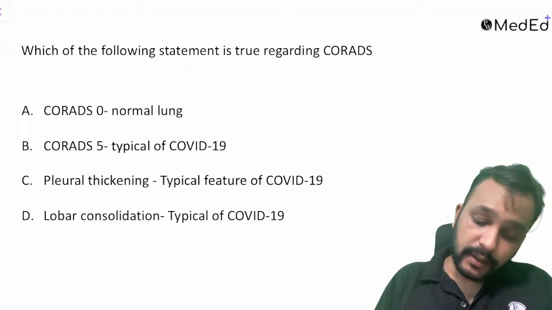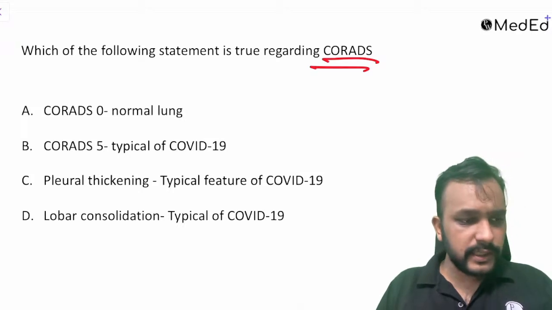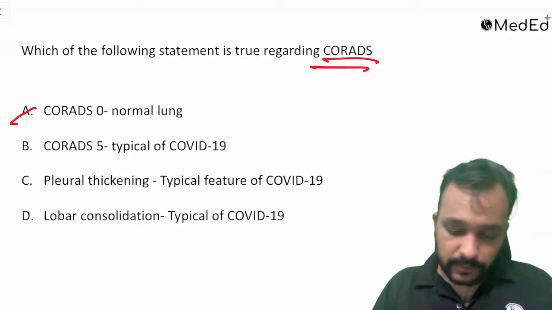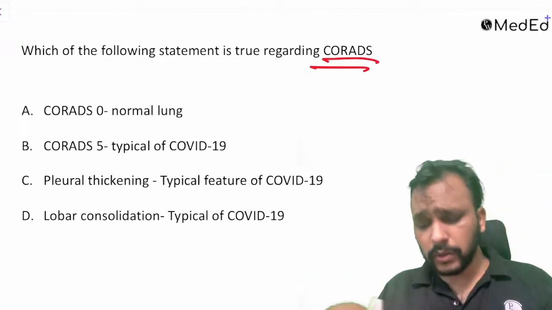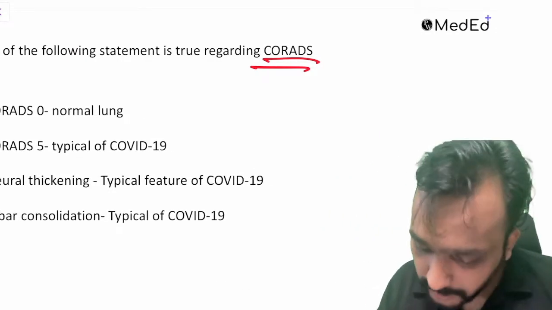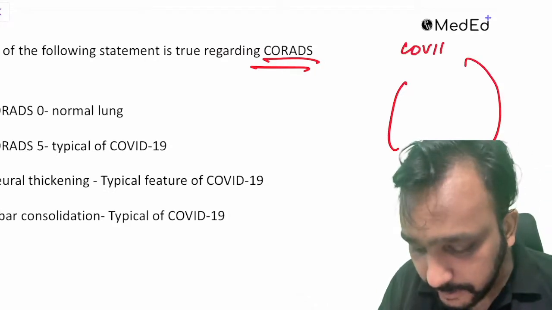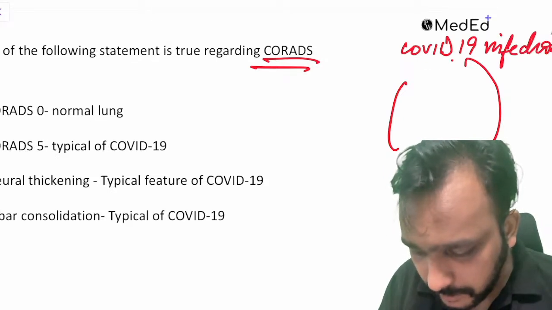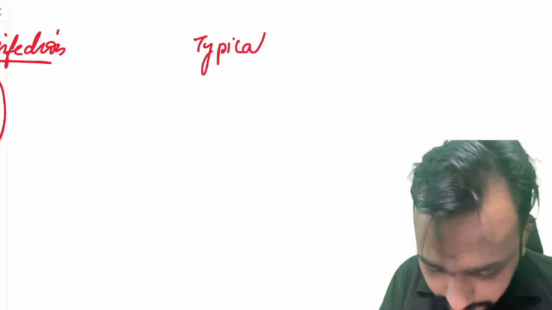Which of the following statements is true regarding CO-RADS? Okay, so let us talk about what are the most important imaging features as far as COVID-19 infection is concerned, the imaging features which are typical of COVID-19, right?